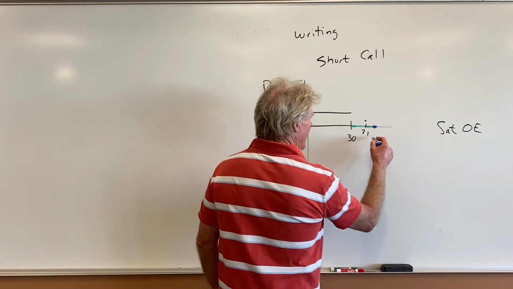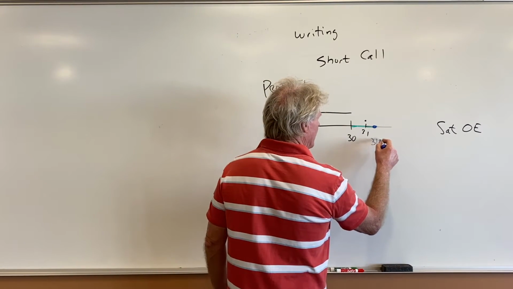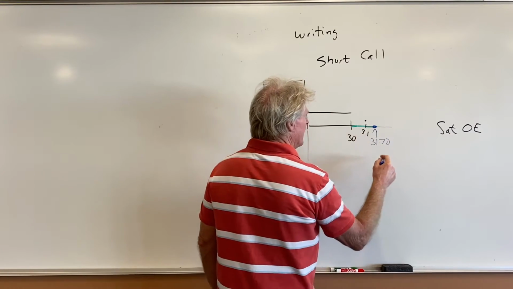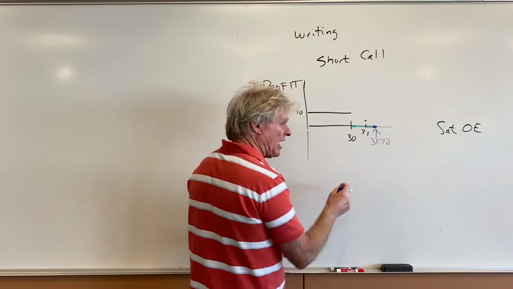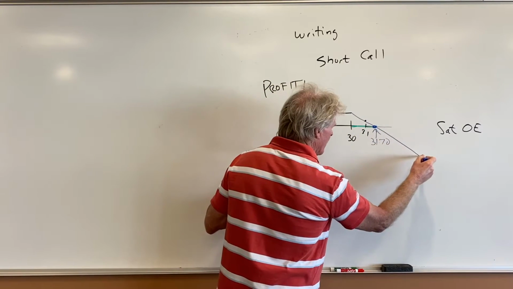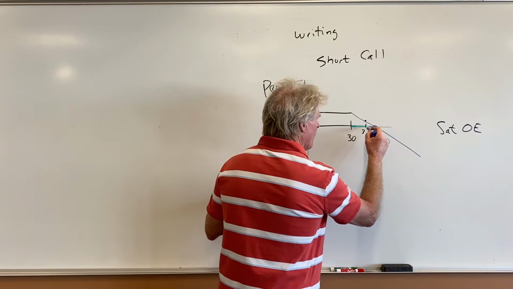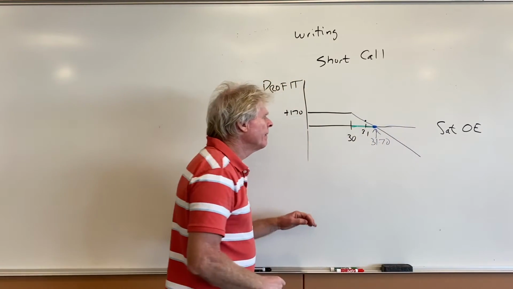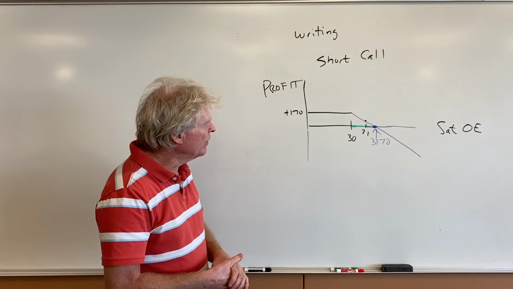So here at 31.70, here at 30, at a stock price of 31.70, we have our break even. Okay, so 31.70 is break even.